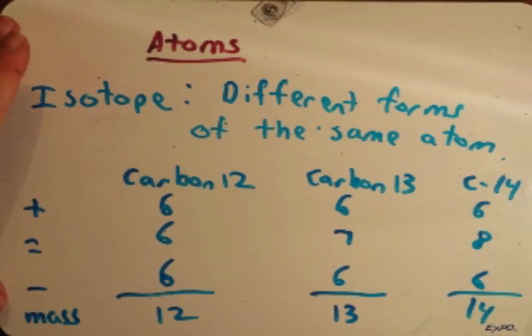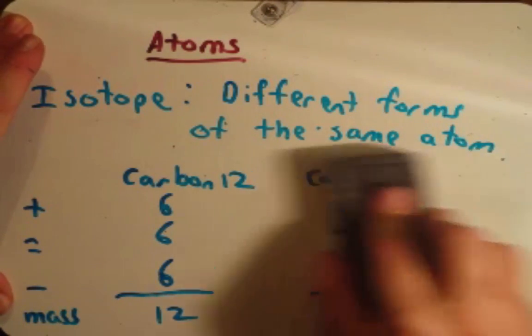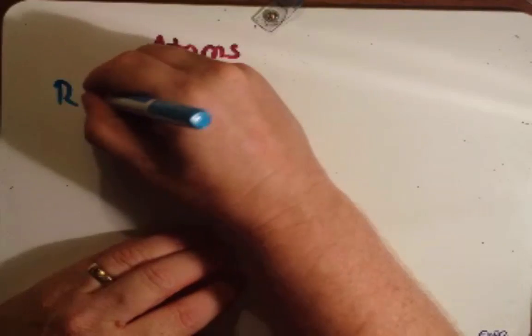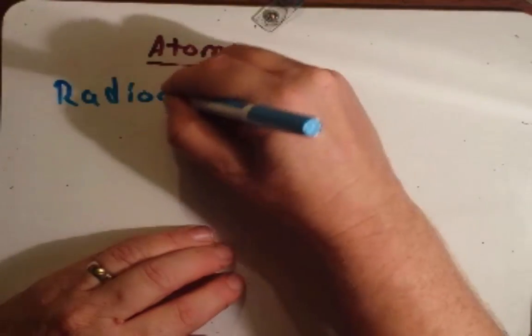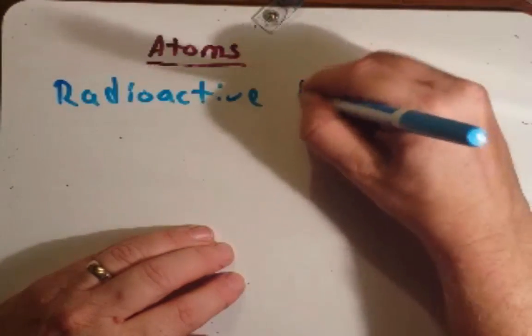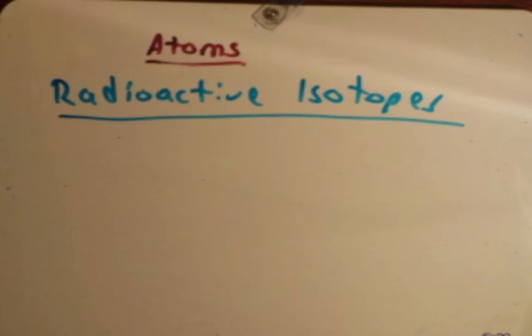Let me erase this, and I'm going to briefly tell you what a radioactive isotope is. Now let's talk about radioactive isotopes. Remember on the last slide, I said every atom exists in different forms, what we called isotopes.